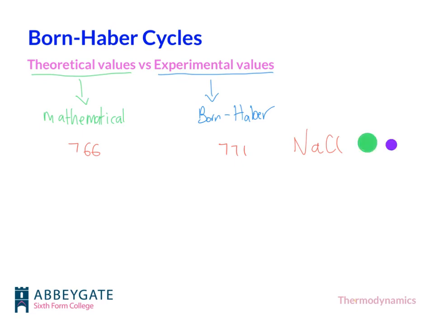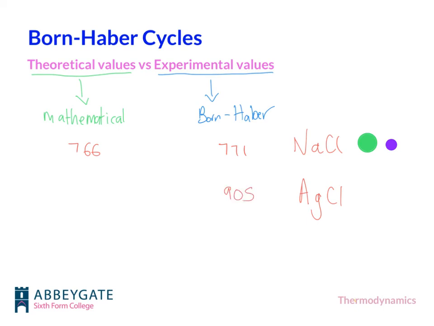So if we compare this to the same data for silver chloride, AgCl, the experimental value that you'd obtain from a Born-Haber cycle for silver chloride would come out at 905.